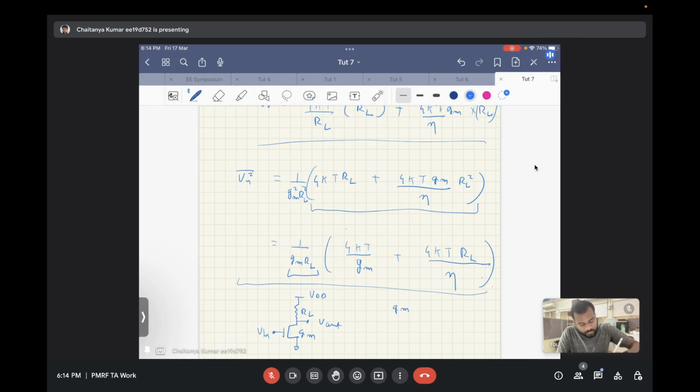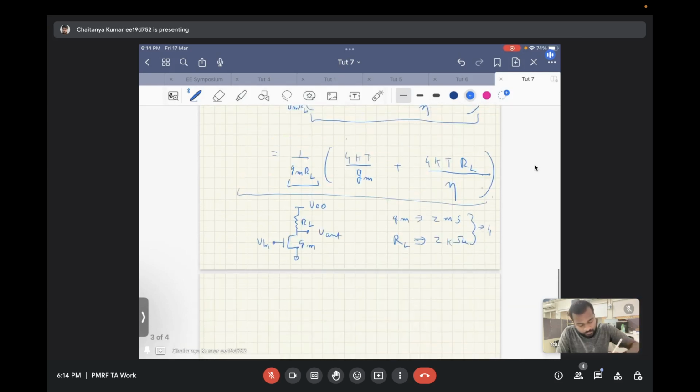If I choose Gm as 2 millisiemens and RL as 2 kilo ohms, I will get a gain of magnitude 4. But in another choice, let's say Gm as 4 millisiemens and RL as 1 kilo ohm, this will also give me a gain of 4.